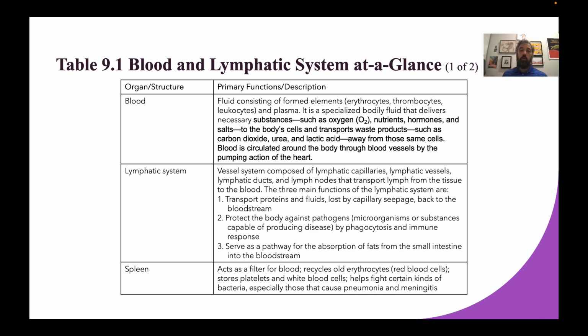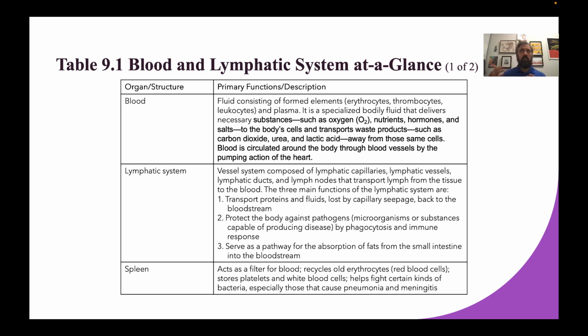So when you're looking at blood and lymph as a whole, blood, as I said earlier, contains formed elements: erythrocytes, which are red blood cells, thrombocytes, and leukocytes. Leukocytes are white blood cells. Thrombocytes help with clotting. And then also plasma.